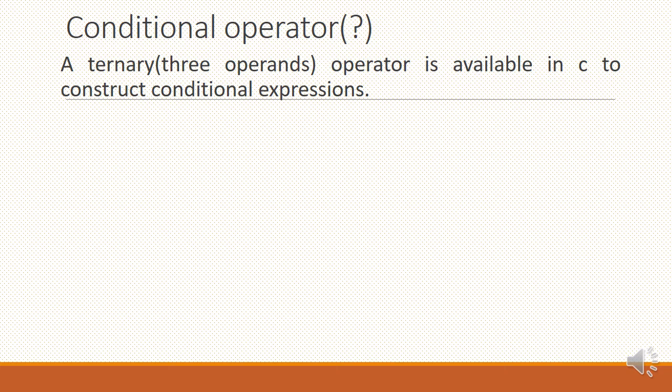It contains three operands. What do you mean by operands? Operation to be performed, that is called the operand. The operator is available in C to construct the conditional expression. Let us see the syntax of this conditional operator, that is the ternary operator.